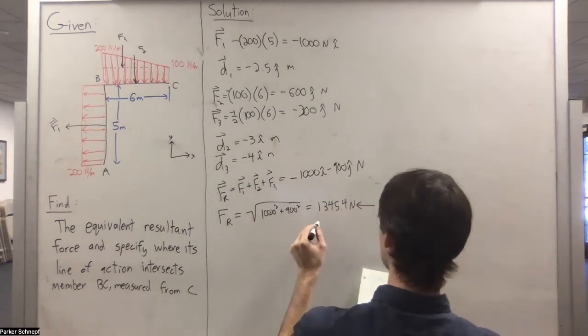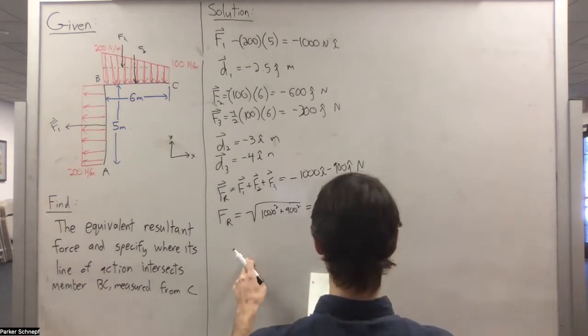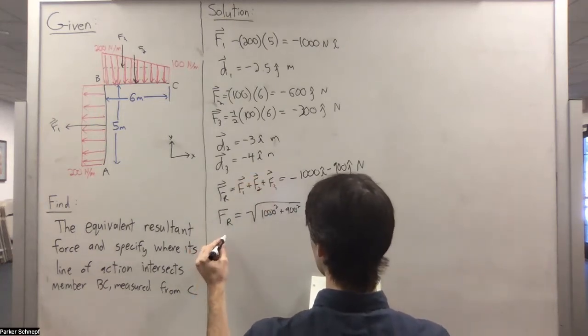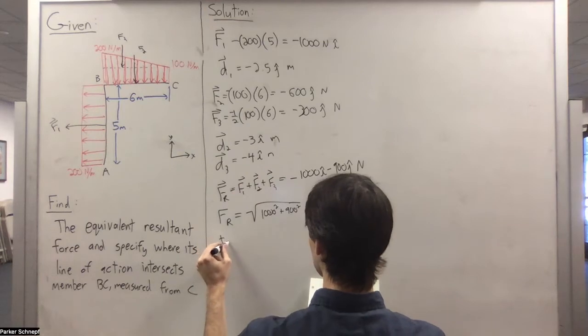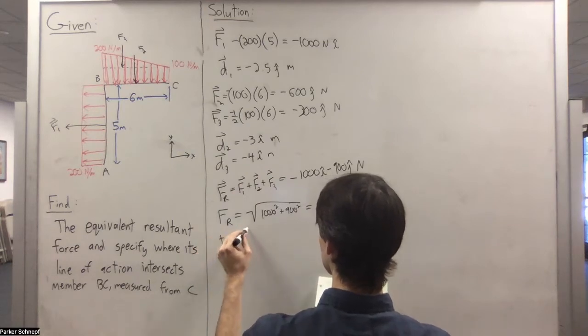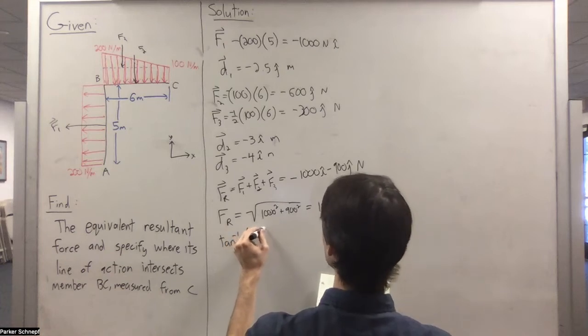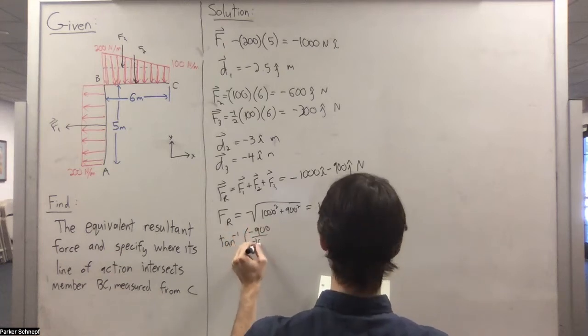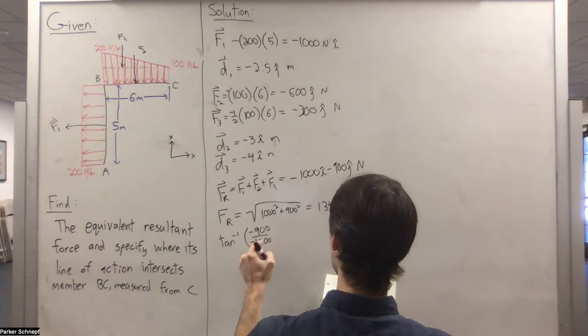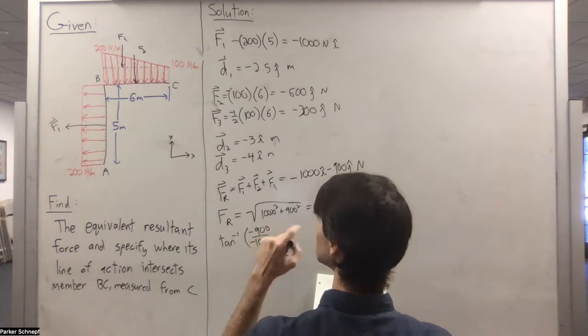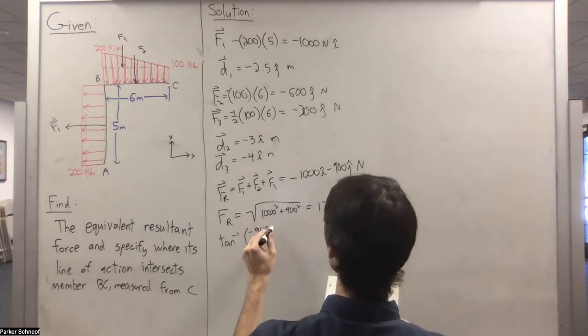Acting at an angle, that would be the inverse tangent of negative 900 over negative 1,000.